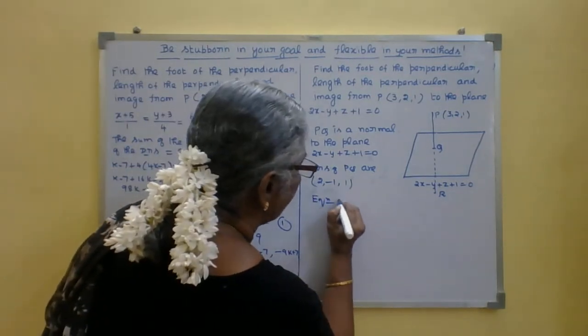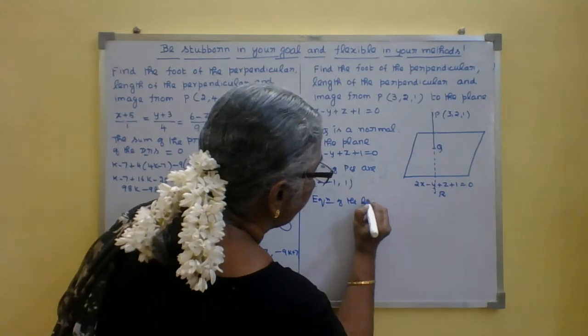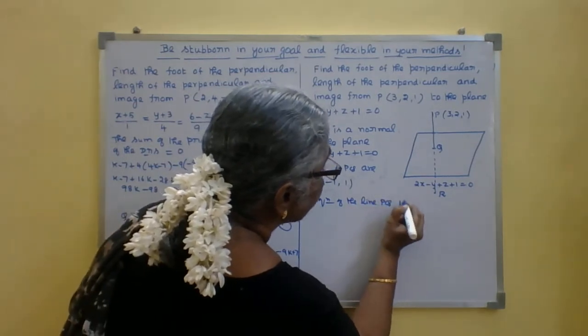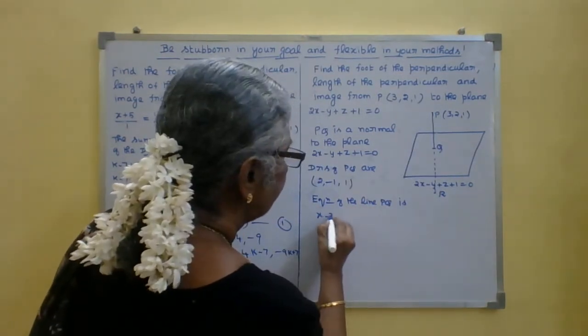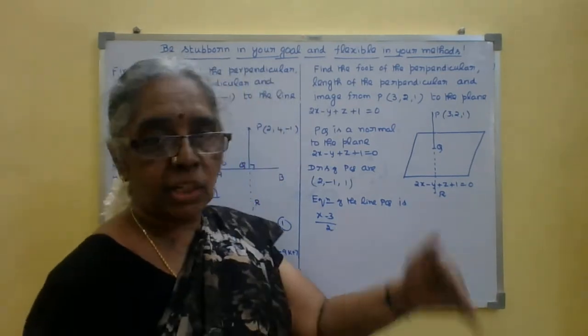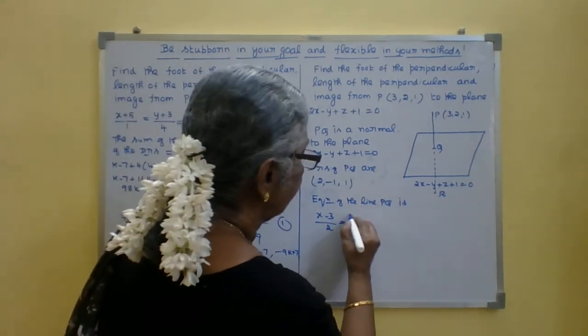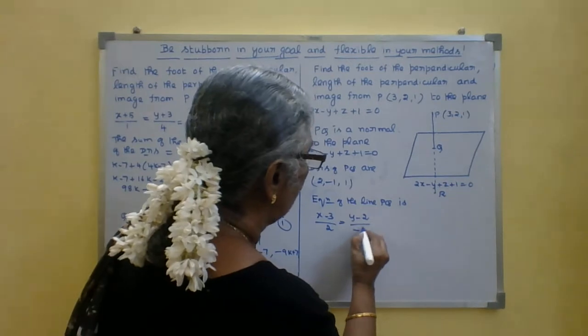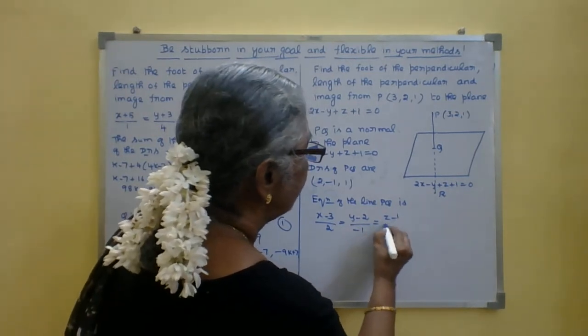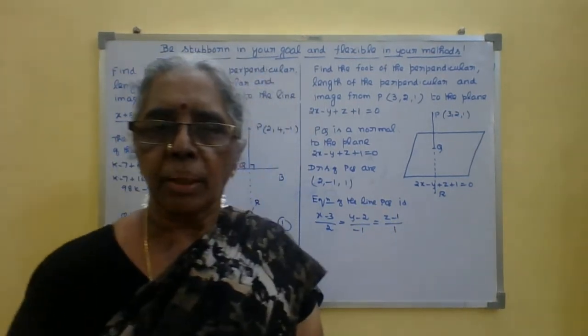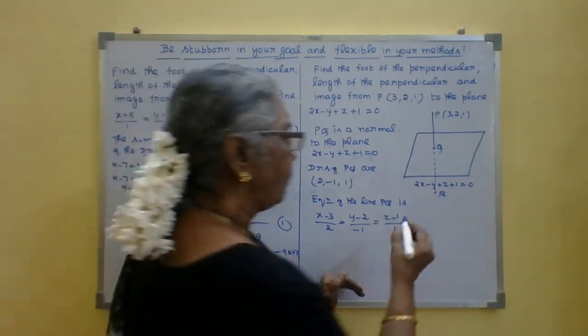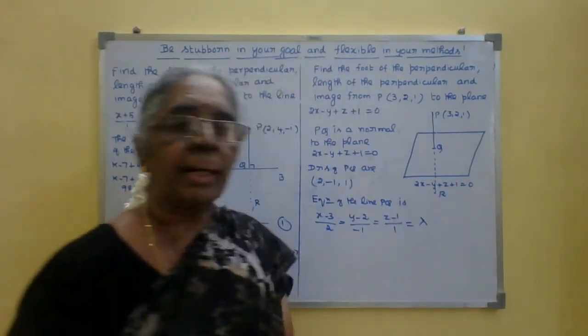So, equation of the line PQ is x minus 3 by 2. You remember x minus x1 by a, that one. Okay? That is equal to y minus 2 by minus 1, that is equal to z minus 1 by 1. When you get the line equation, let me equate it to some constant lambda.